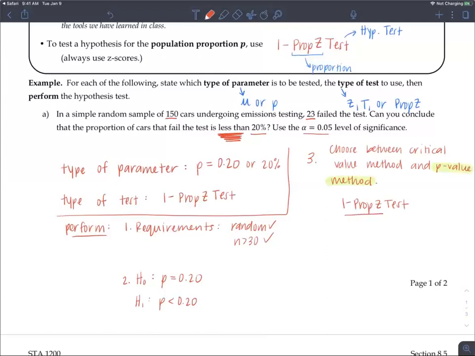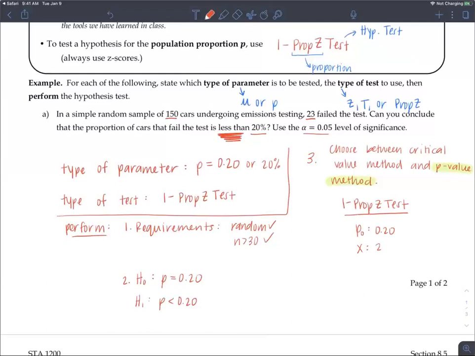Oh, get out your calculators. Make sure you can get the same answers as me. When I do one prop z-test, it asks me for p naught. We already know that that's 0.2. And then it asks me for x. So in this case, what is my value for the variable x? 23.